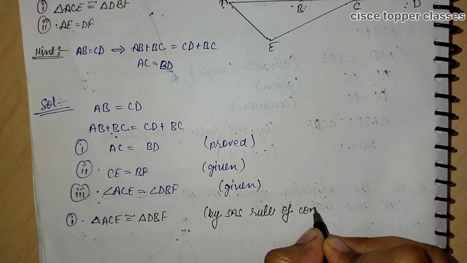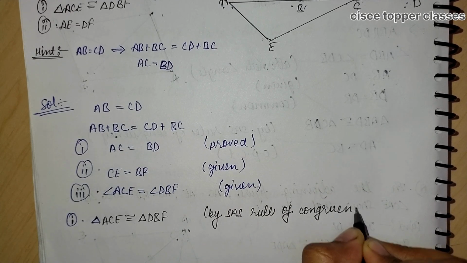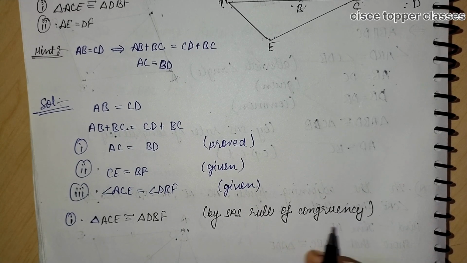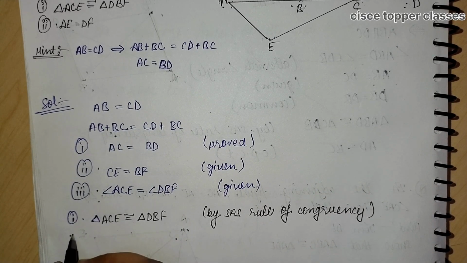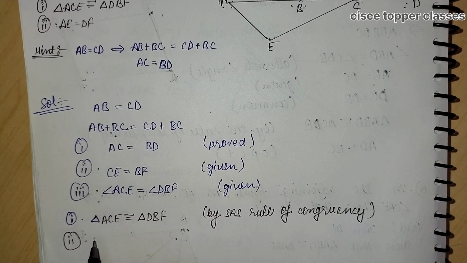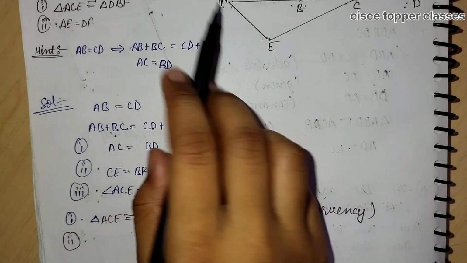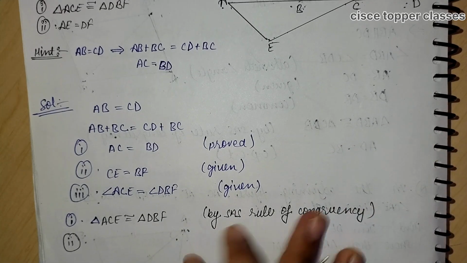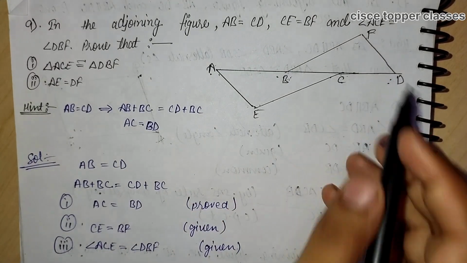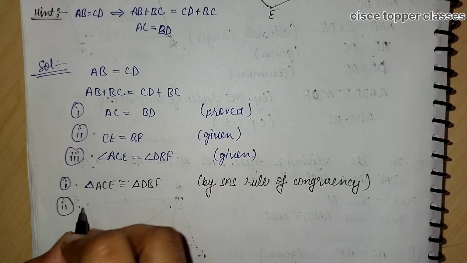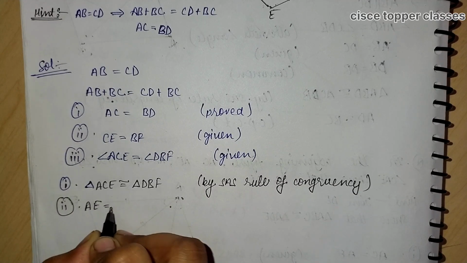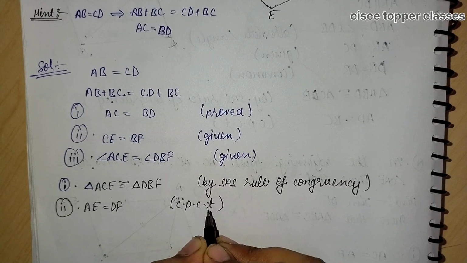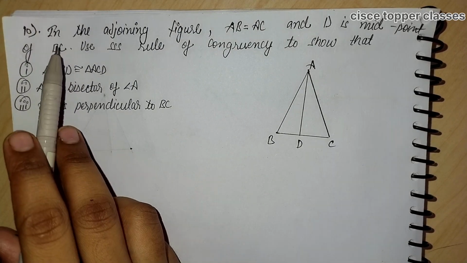So here we have proved, because the angle which is used here is the included angle only. So we can use the SAS rule of congruency. Now we have to prove the second part, AE is equal to DF. These are the sides of the triangles which we have proved congruent, means this AE and FD. So simply we can write that AE is equal to DF by CPCT. It is proved here.